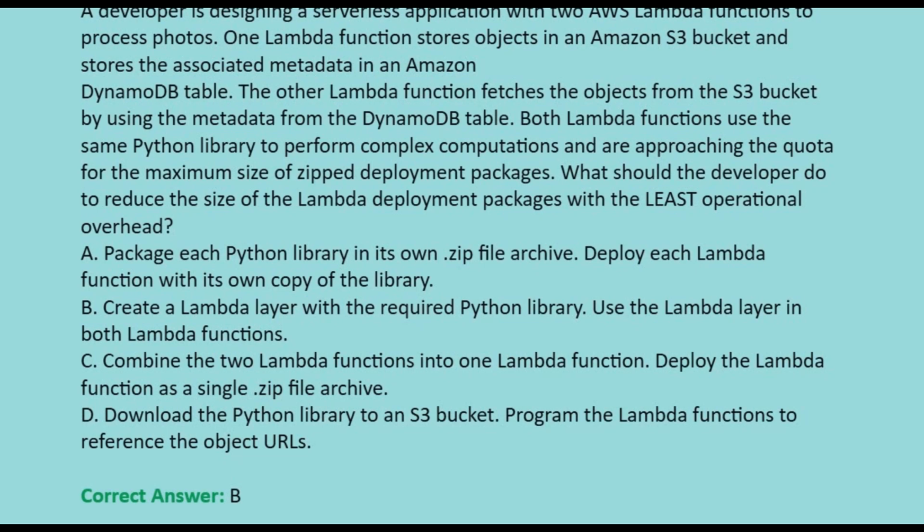Option C. Combine the two Lambda functions into one Lambda function. Deploy the Lambda functions as a single .zip file archive. Option D. Download the Python library to an S3 bucket. Program the Lambda functions to reference the object URLs. Correct answer is option B.